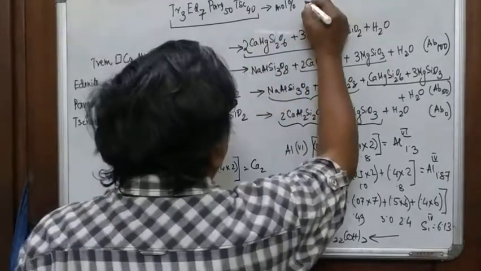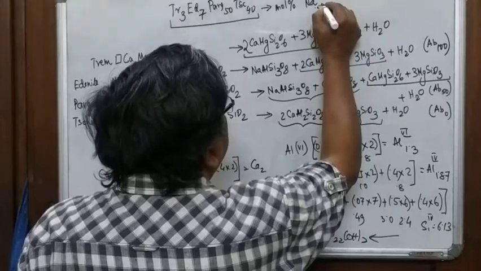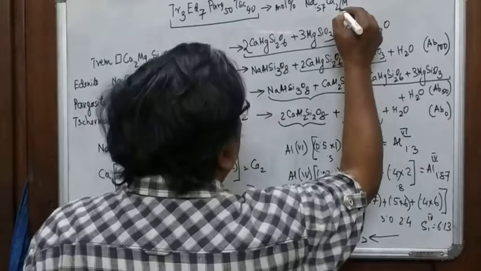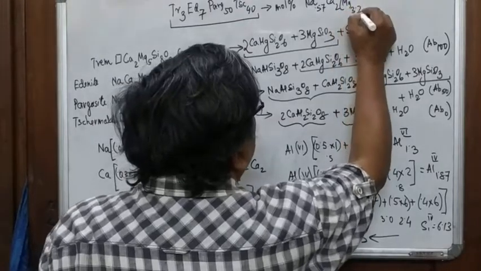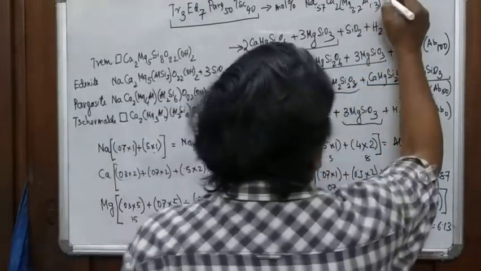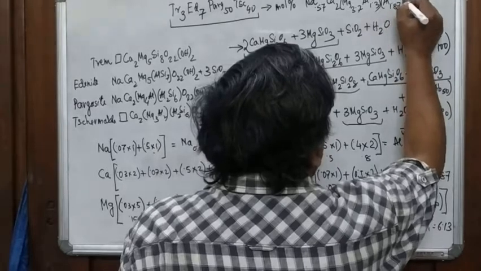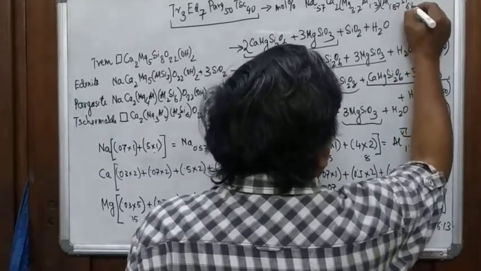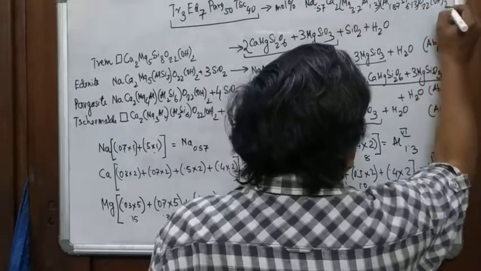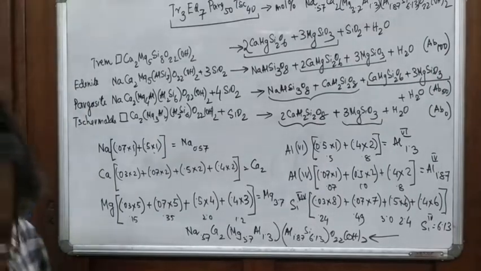This is sodium 0.57, Ca2, Mg 3.7, aluminium 1.3, aluminium 1.87, and silicon 6.13, O22, OH twice. So that's the composition of the amphibole here.